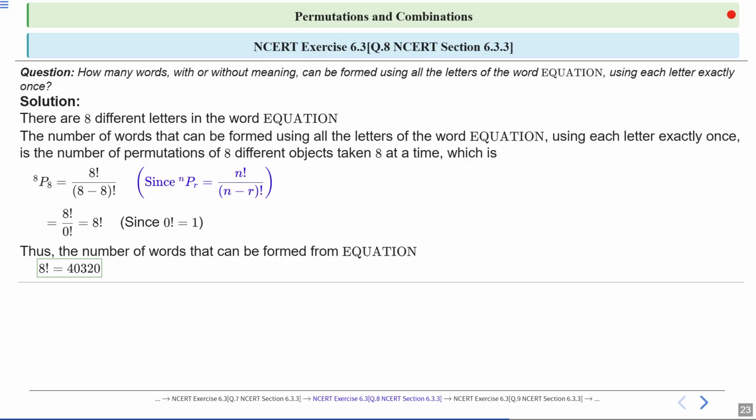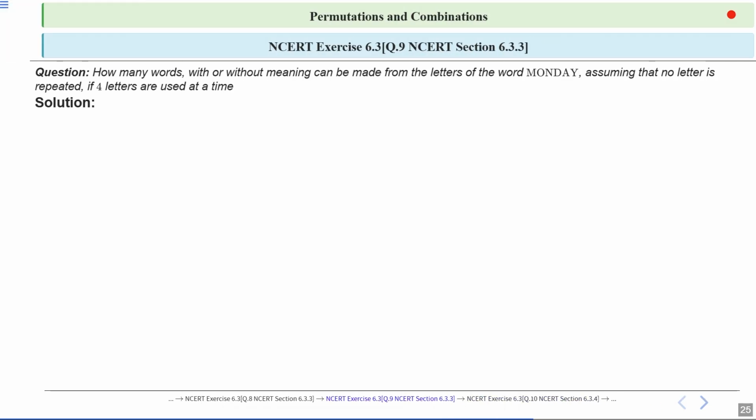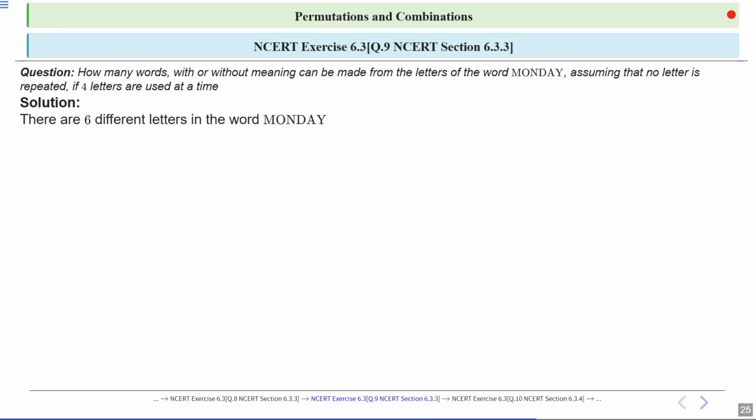Now let's move to the next question. This question asks us how many words, with or without meaning, can be made from the letters of the word MONDAY, assuming that no letter is repeated and 4 letters are used at a time. So let's start the solution.